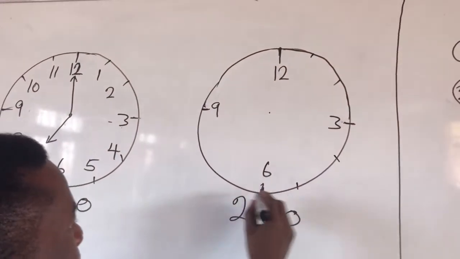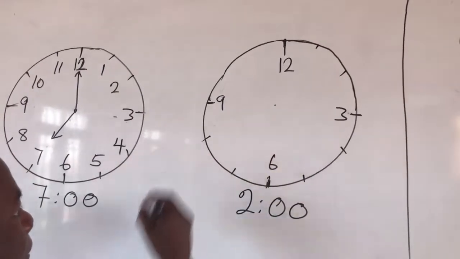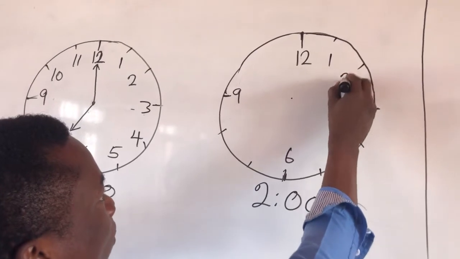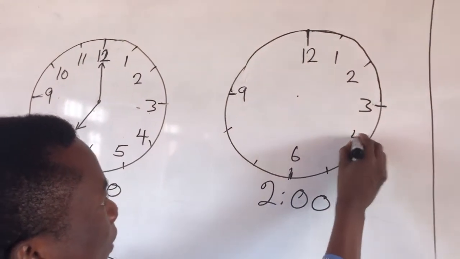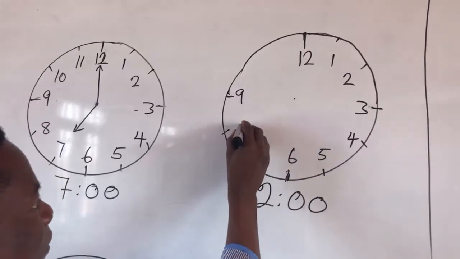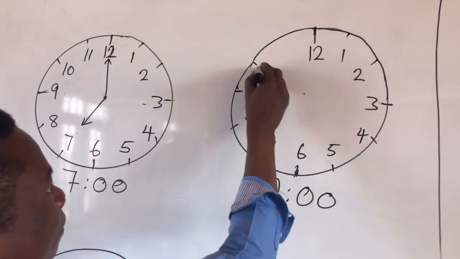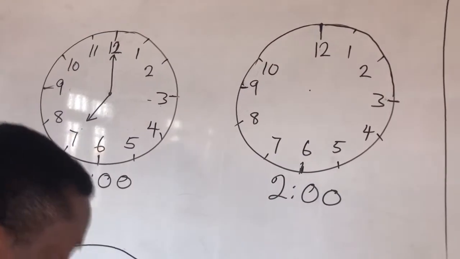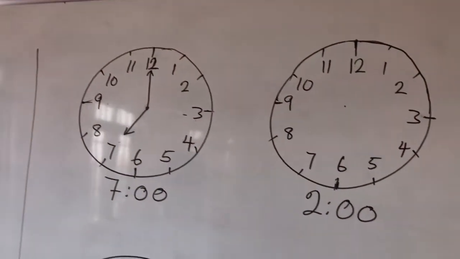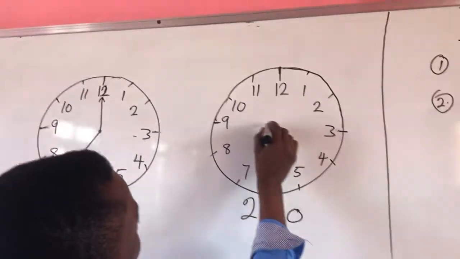From 12, we go to 1, 2, 3, 4, 5, 6, 7, 8, 9, 10, 11.